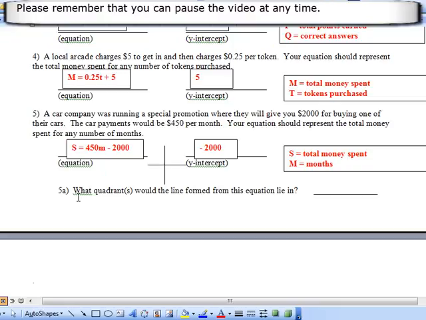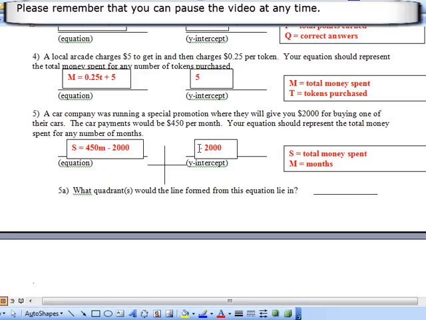Alright, so what quadrants would the line formed from this equation lie in? Well, to help me with this, I'm going to draw a real quick 4-quadrant graph. And what's something I know real quick just by looking at what I have done here? I know that the y-intercept is negative 2,000.